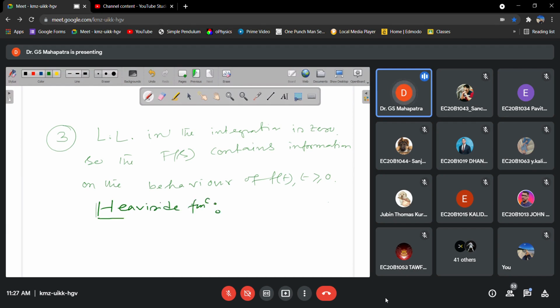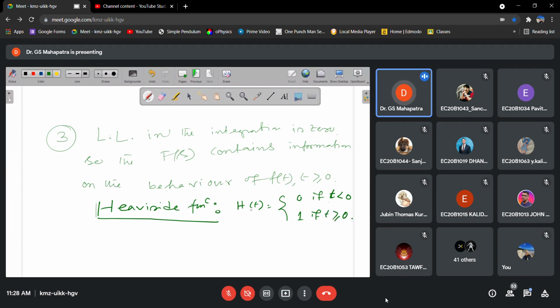What is that? You can apply one Heaviside function. So H of t equals 0 if t is less than 0, then 1 if t is greater than or equal to 0.